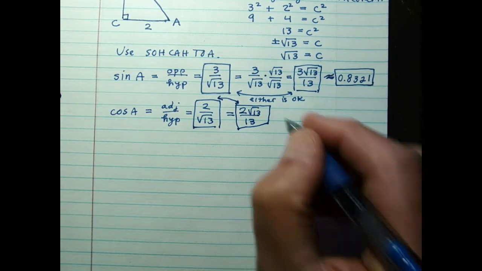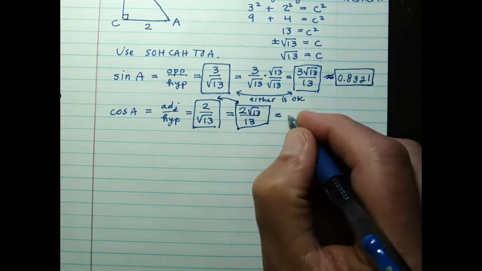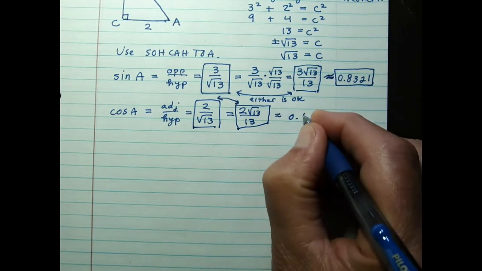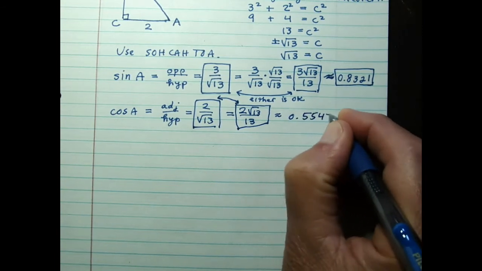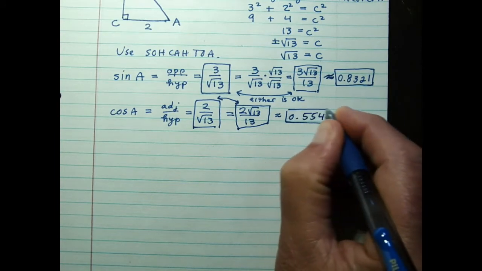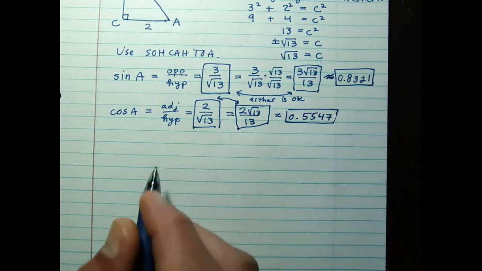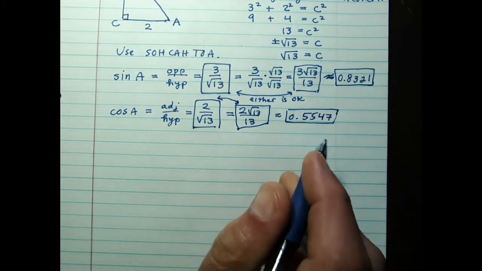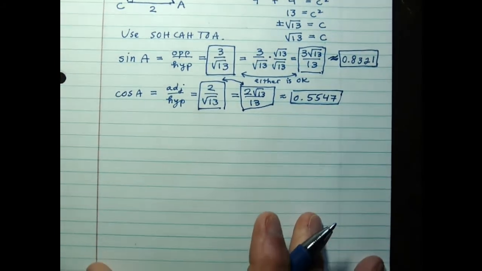And I also have a decimal for this, just to compare. It's 0.5547. So just make sure you can get these decimals. You don't need it for this exercise, but we will sometimes need decimal forms.